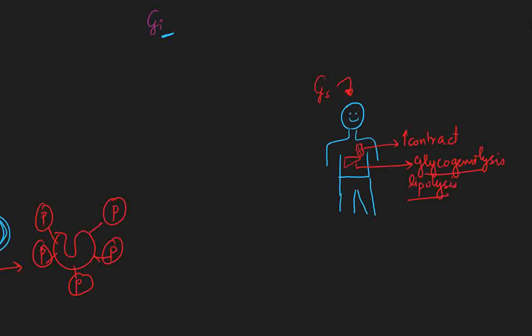So it will increase the blood sugar level. This will be easy to appreciate if you see the receptors which act through your G stimulatory effect. One of them is your beta receptor.